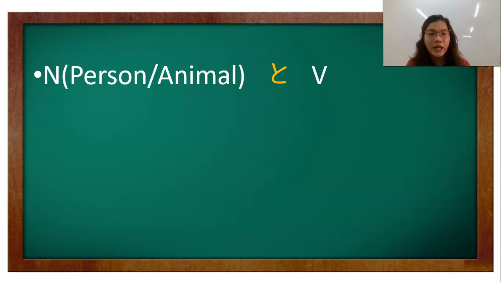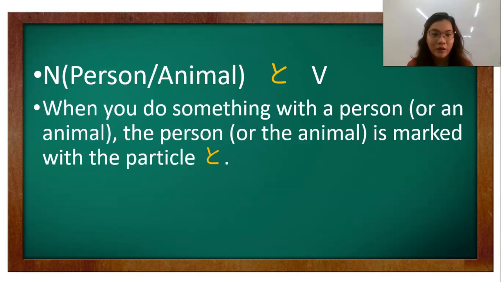But here in lesson 5, we will learn that to also means with. You do the verb with that person or animal, and it's marked with the particle to.